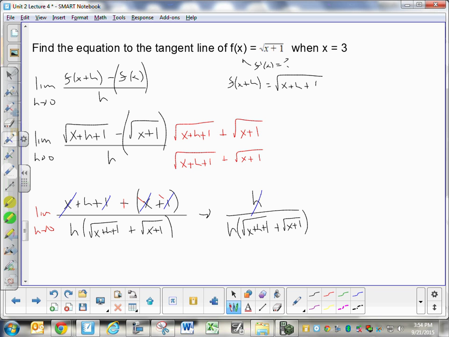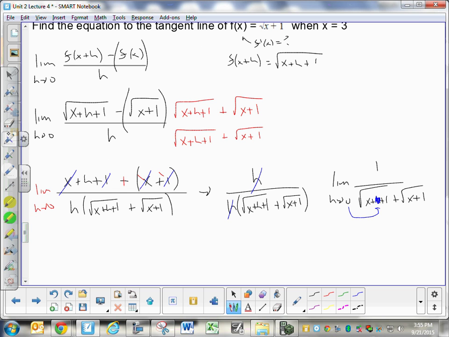The h's will cancel. I will be able to find the limit as h approaches 0 of 1 over root x plus h plus 1 plus root x plus 1. How do I do it? The last step is to plug in 0 for any h's that are left over. So I get 1 over root x plus 1 plus root x plus 1.